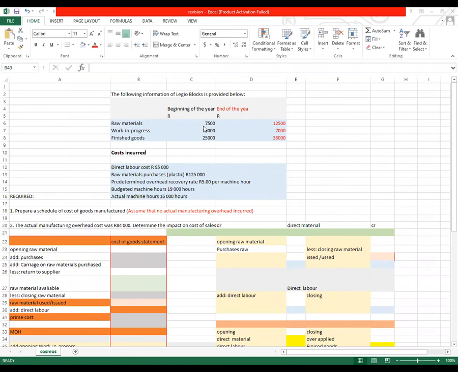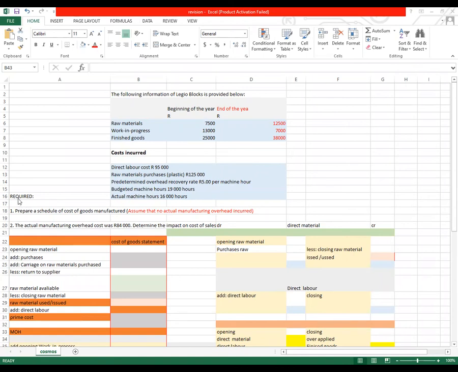I highlighted our closing balance in red and our opening balance in black, and here we were provided with the costs that were incurred during the year. And here is the requirement.